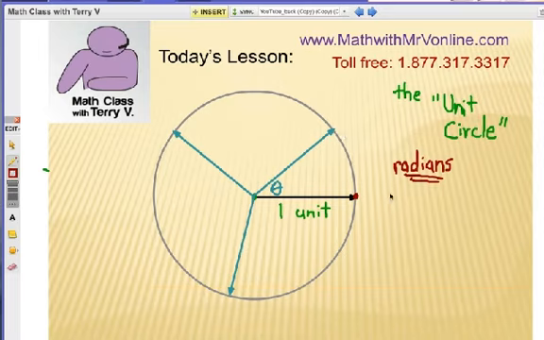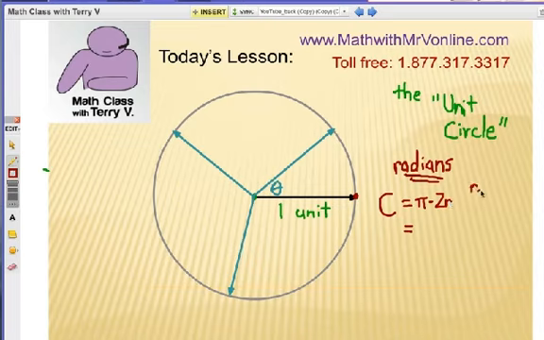Well, you know that the formula of the circumference of a circle is pi times the diameter, which is 2r. Okay, sometimes textbooks will say 2 pi r. It doesn't matter the order because we're just multiplying. Now we know that the radius though is 1, right?